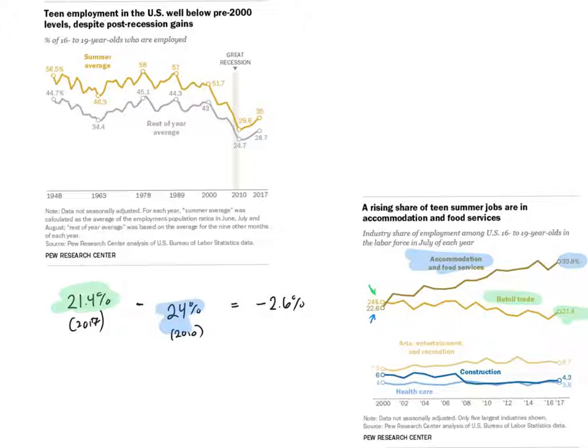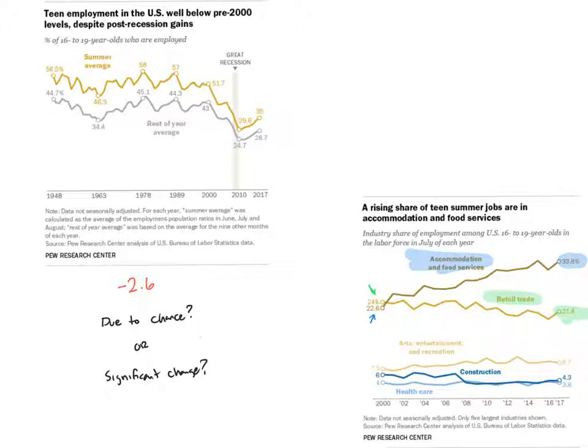So 21.4 minus 24, that's a change, once again, of negative 2.6%. The question is, could that negative 2.6% be just due to chance, that is, my samples just happen to be a little bit different, or does it show a significant reduction in the percentage of teenagers working in these industries?